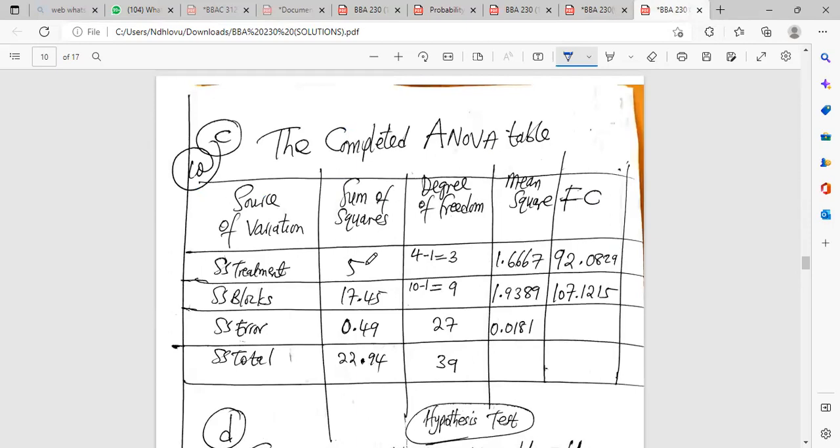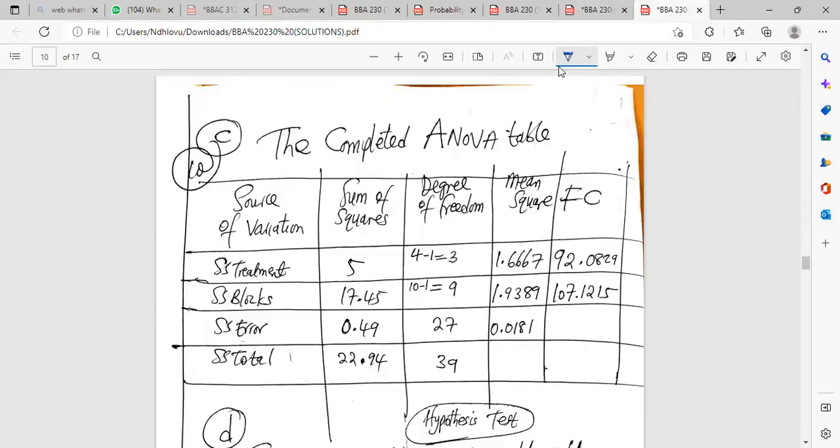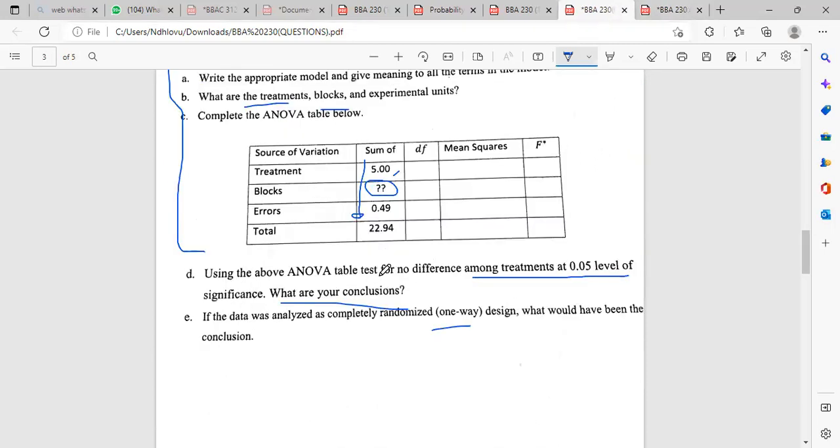So the sum of squares for treatments is 5. The 5 is coming from the way it has been given here. Then getting down to blocks, 17.45, that's the subtraction from what was missing to get the total, meaning 22.94 minus 0.49 minus 5, we get 17.45.